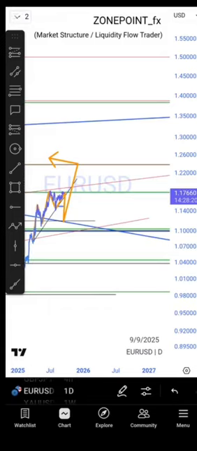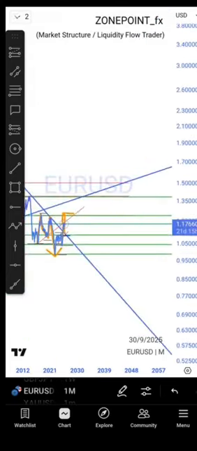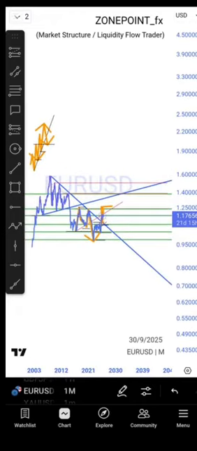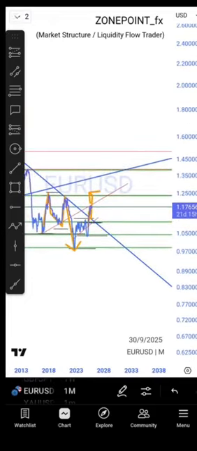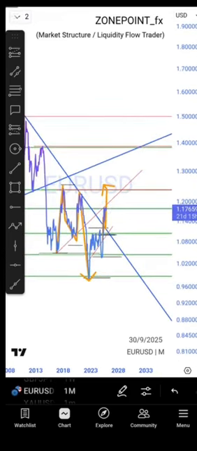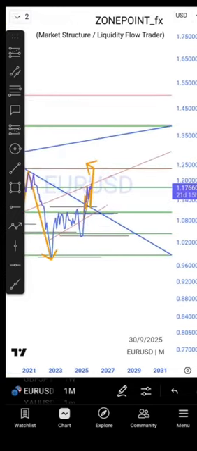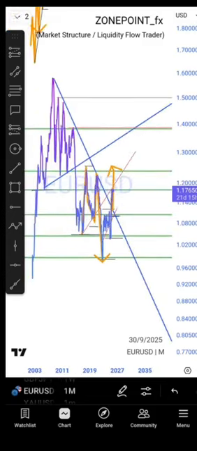If price is moving up, where do we want it to stop? I know I explained it earlier, but I still need to explain it again. As price is moving up, where are we expecting price to get to?